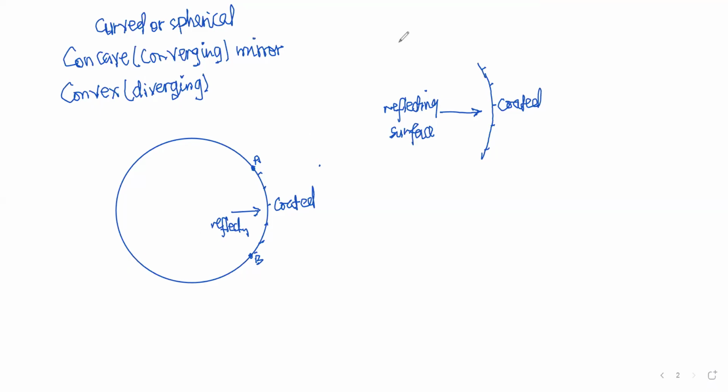Now the same spherical ball, if I decide to choose a section, and this section, I'm deciding to coat the inner. So this time around, the inner part is coated. That is the coated part. And then the reflecting surface, indicated by the arrow, curves outwardly.